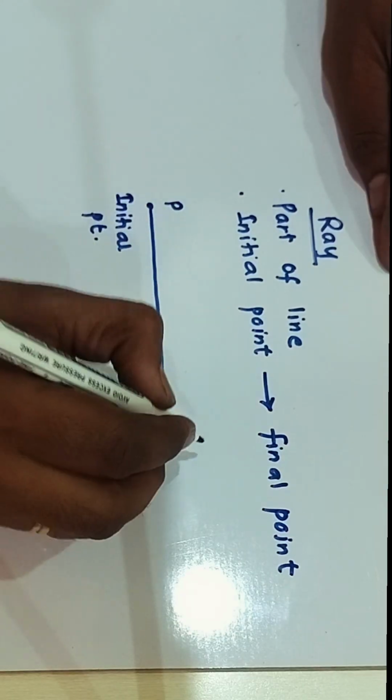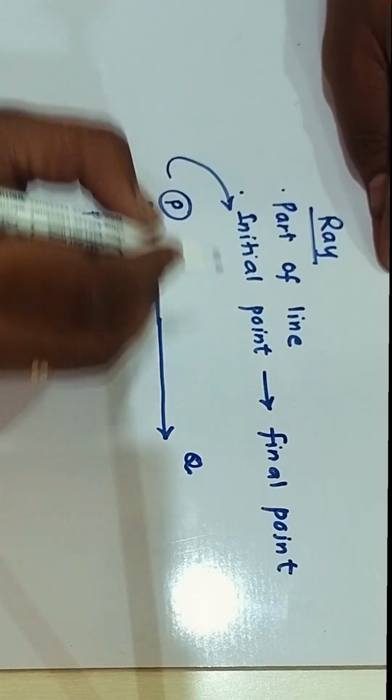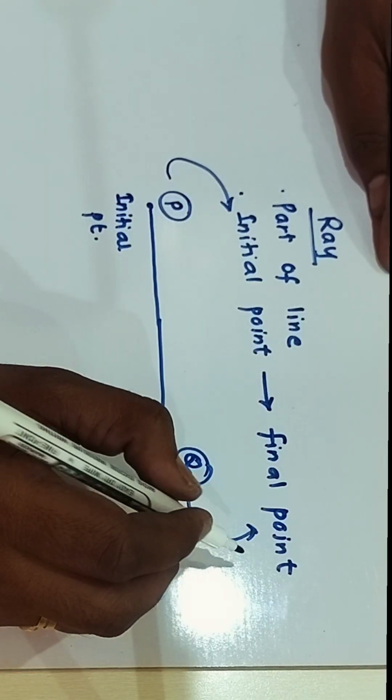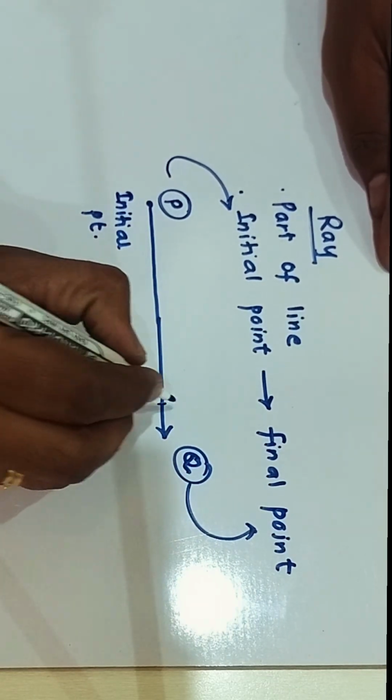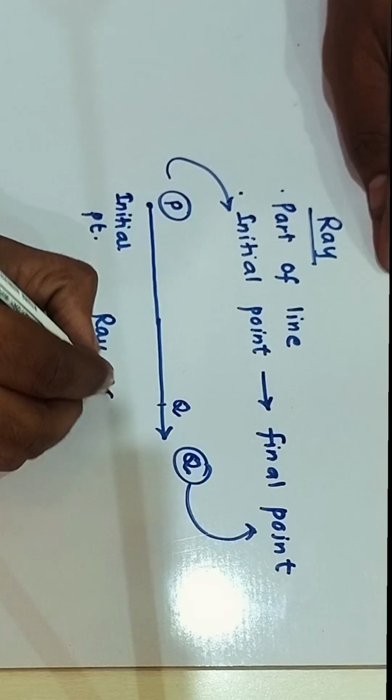That is, this is P and this is Q. P is called the initial point, while Q is your final point, and this can be denoted as ray PQ.